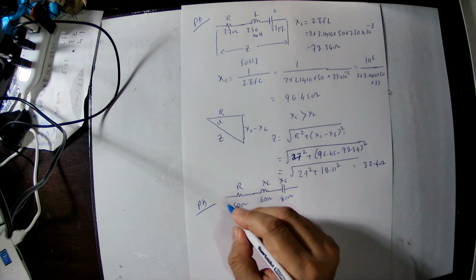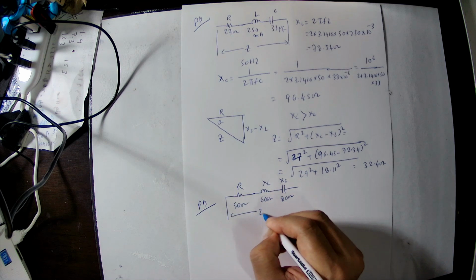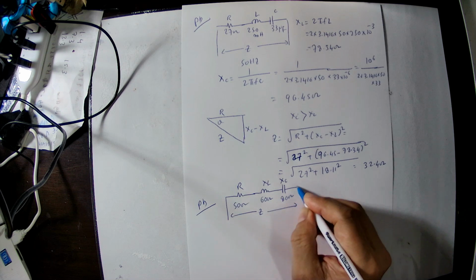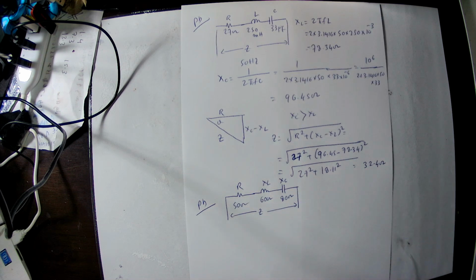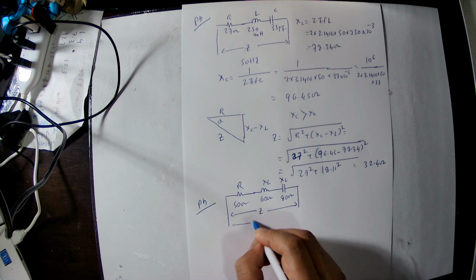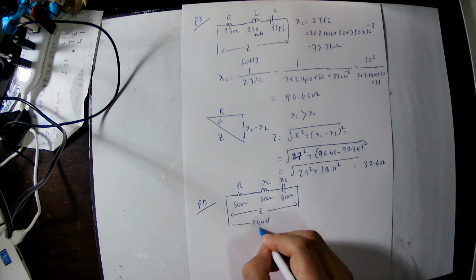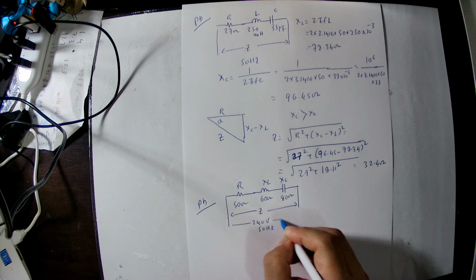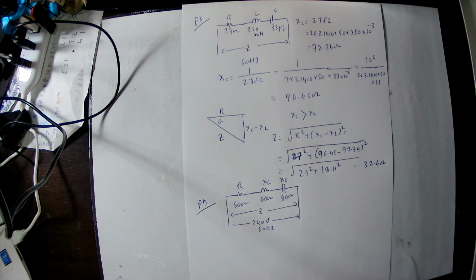So we need to find the impedance. This is connected to the 240 volt and 50 hertz supply, and we have to find the current.